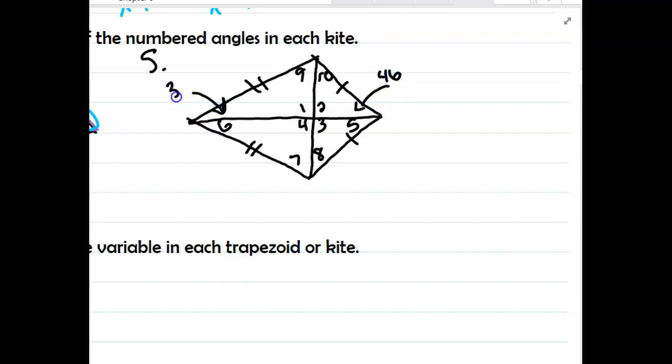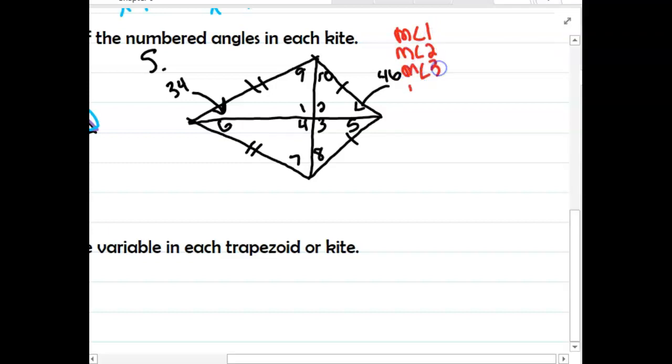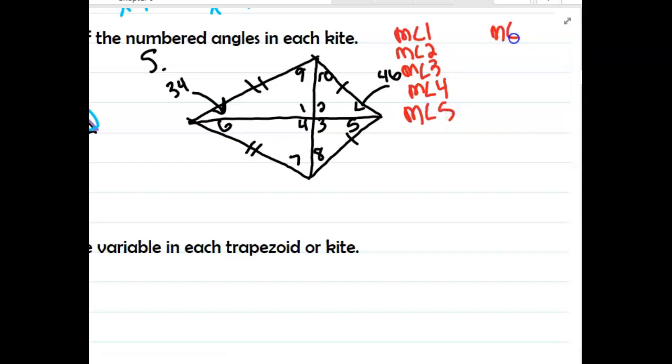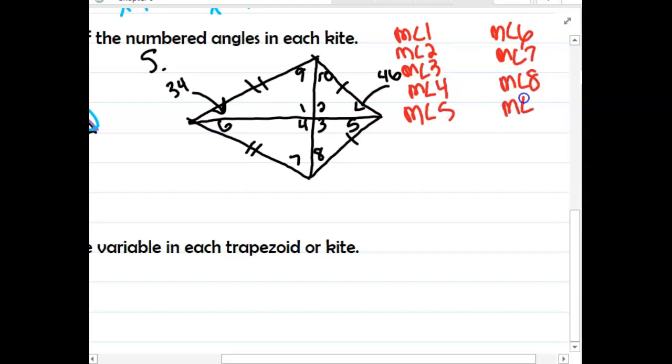This angle right here is going to be 34. I'm just going to go ahead and write that. We are looking for angles 1 through 10. So measure angle 1, measure angle 2, measure angle 3, measure angle 4, measure angle 5, 6, 7, 8, 9, and 10.